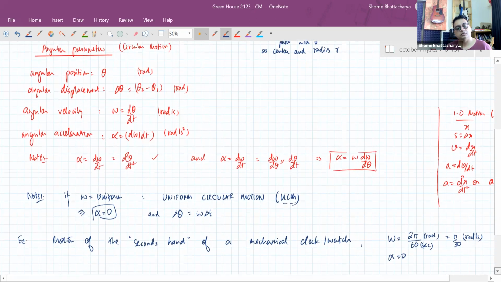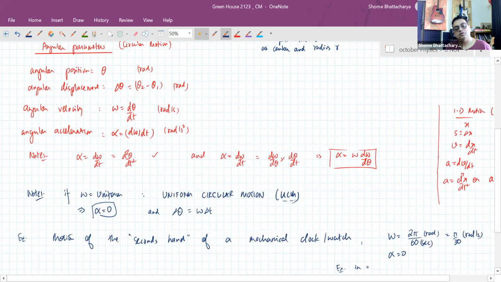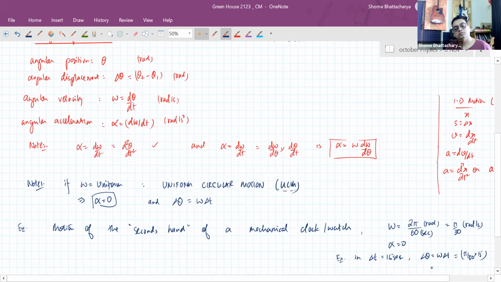So for example, in a time interval of 15 seconds, the angular displacement equals pi by 2 radians or 90 degrees. As you all know, a seconds hand of a clock in 15 seconds covers an angular displacement of 1/4 of the circle, or 90 degrees, pi by 2 radians. These are examples of uniform circular motion.